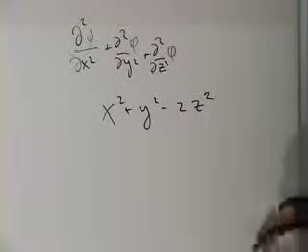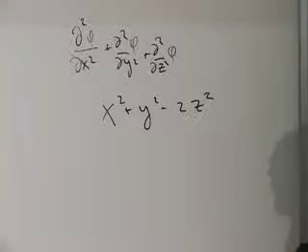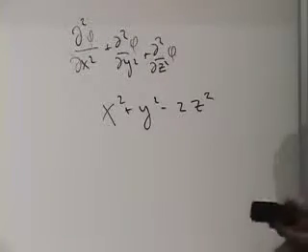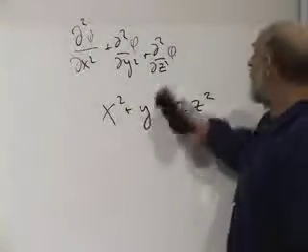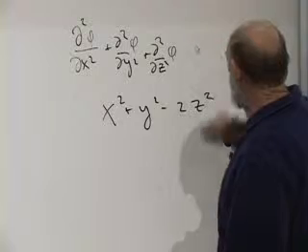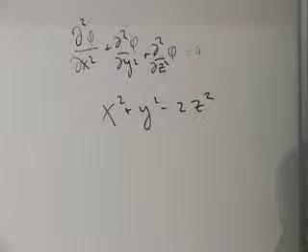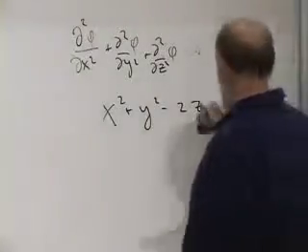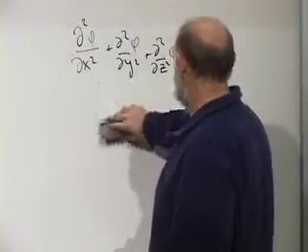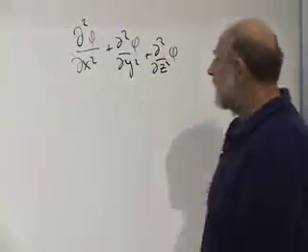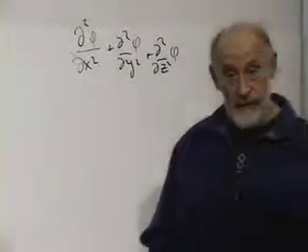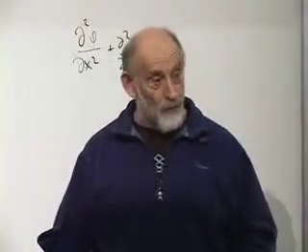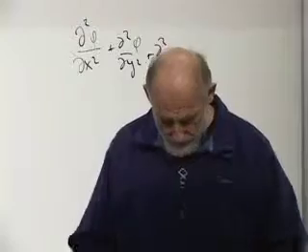So 2 plus 2 minus 4 is equal to 0. This is a function with this property. Functions with this property are called harmonic functions. There's lots of them. There's no lack of harmonic functions, but there's still not as many as there are of all functions, so there are restrictions.